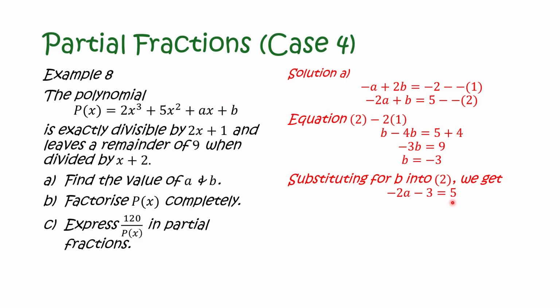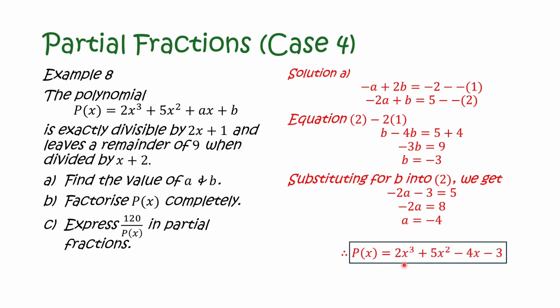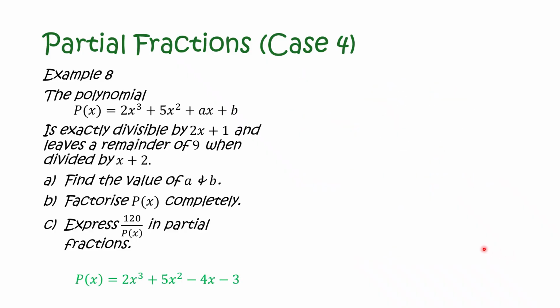Then our b is equal to minus 3. Now substituting for b into equation 2, we get minus 2a minus 3 is equal to 5. So minus 2a is equal to 8, and then a is equal to minus 4. So implying that p of x is equal to 2x cubed plus 5x squared minus 4x minus 3. That is the answer to part A.